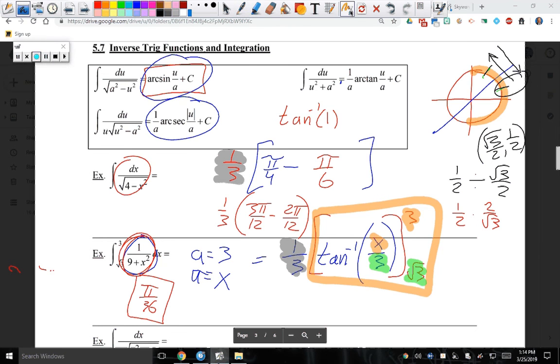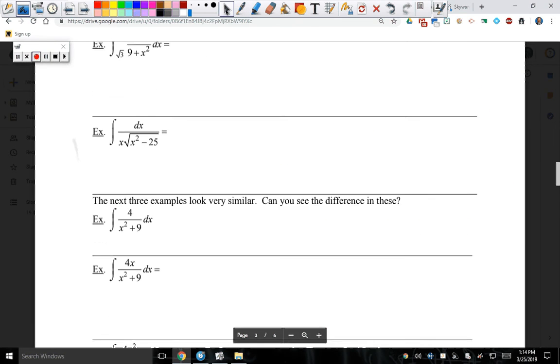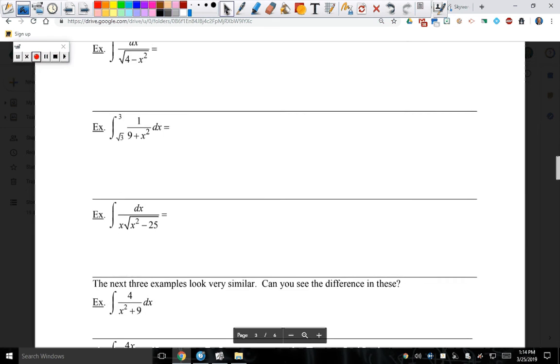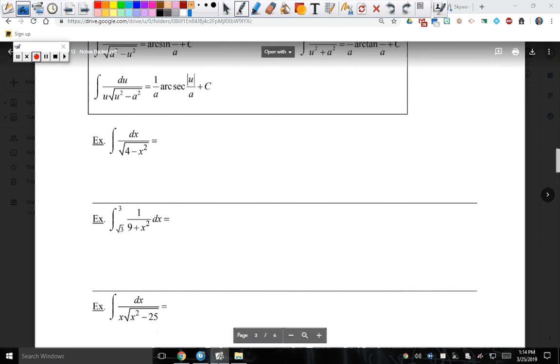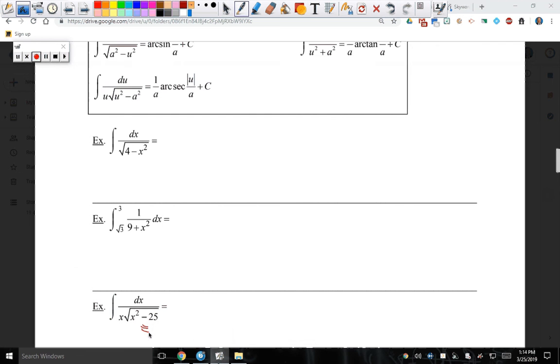Almost done. Almost done. So we have x, square root of x squared minus 25. You see that it's the variable minus the constant. Go with me? So what's a? 5. u is x.